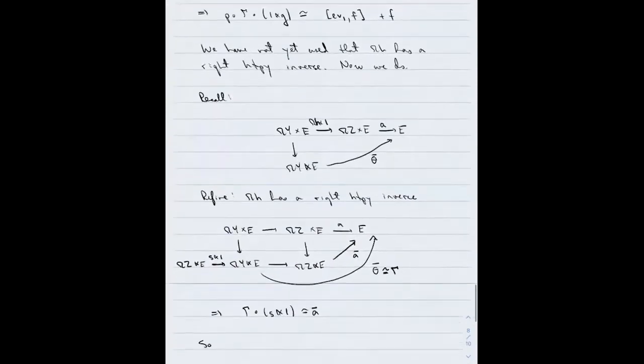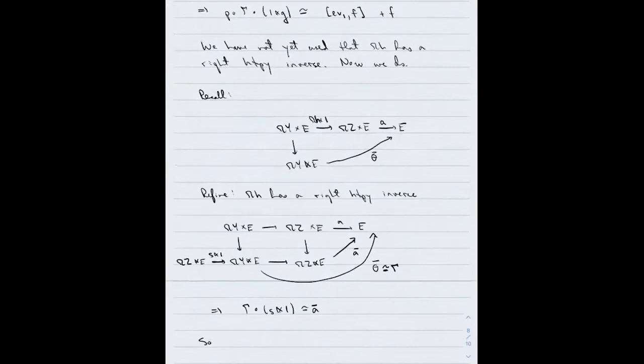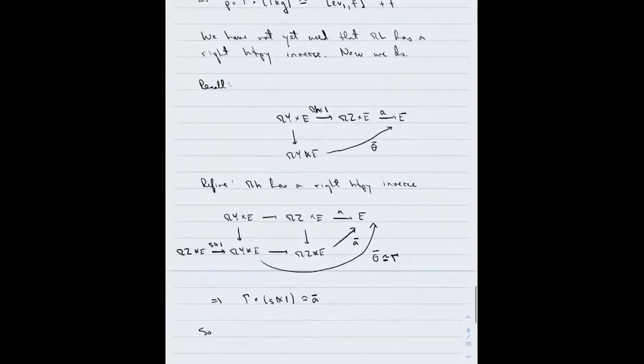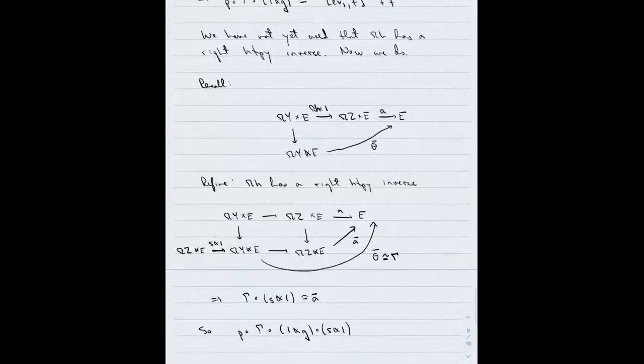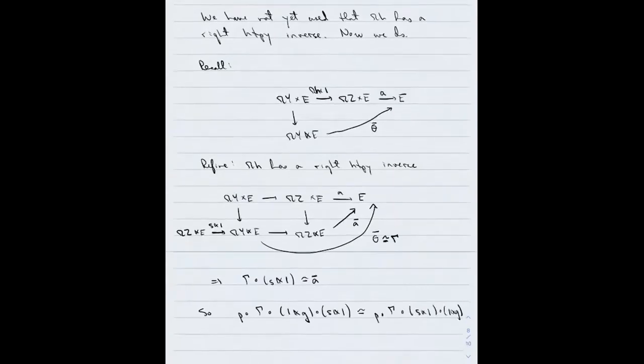Now put all these pieces together. If we look at P composed with gamma, composed with 1 half smash G, composed with S half smash 1, lots of bits and pieces, then on the one hand, we could swap the order around because the S and the G are working on different factors.